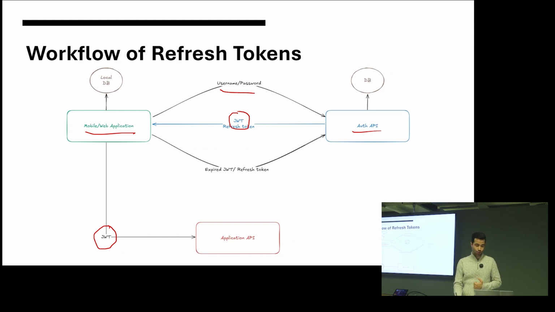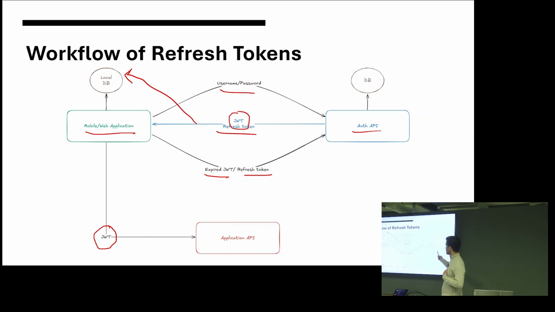To resolve this issue, for the first time when the user enters the username and password, our authentication API must return the JWT along with a refresh token. And the user's application saves the refresh token in its local database. And when the JWT is expired, before sending the request to the API, first we are going to send the expired JWT and refresh token to our authentication API.